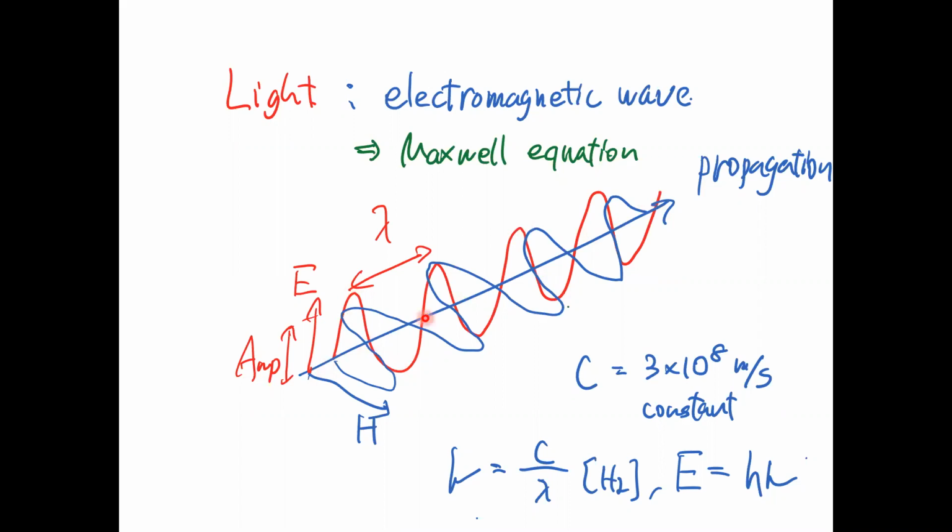The electric field is oscillating like a wave. At the same time, in the vertical direction, there's a magnetic field oscillating at the same wavelength too. That's why light is called electromagnetic wave.